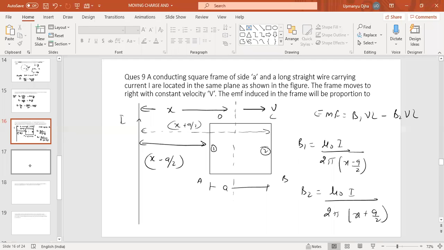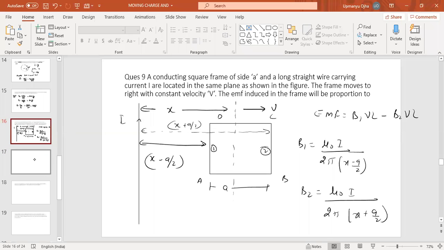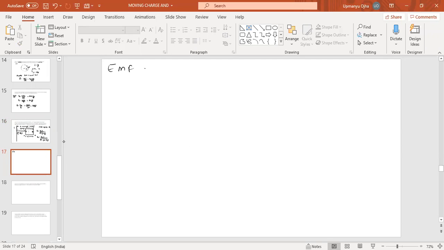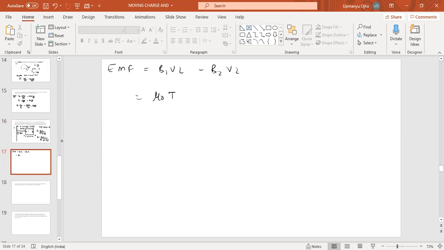What is the EMF induced? The EMF induced will be equal to B1 VL minus B2 VL. B1 value is mu naught I by 2 pi (x minus A by 2) into VL, minus B2 value, mu naught I by 2 pi (x plus A by 2) into VL.